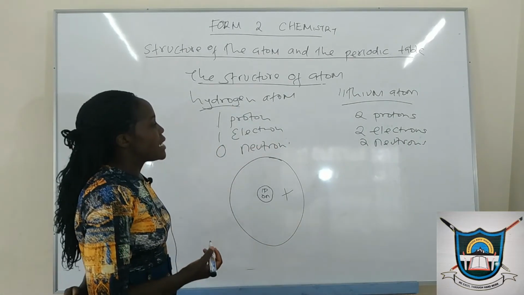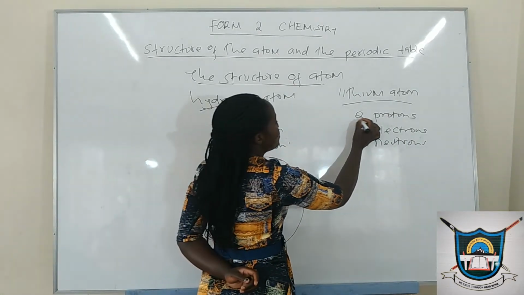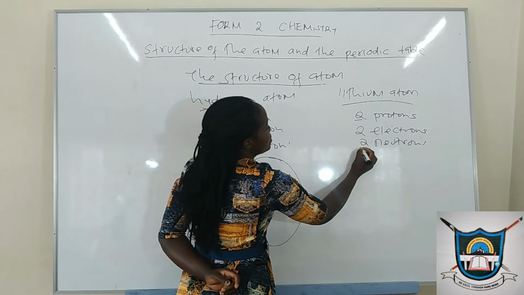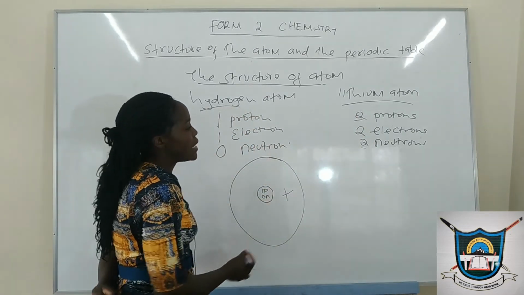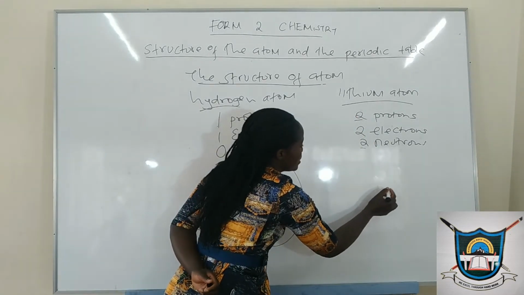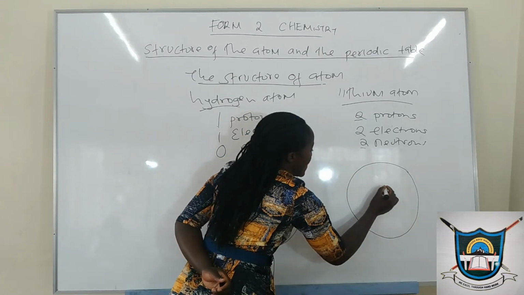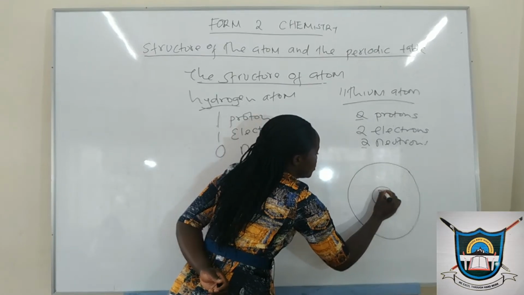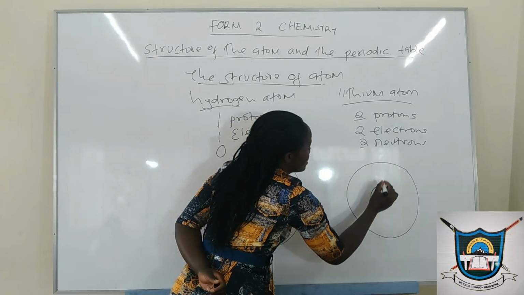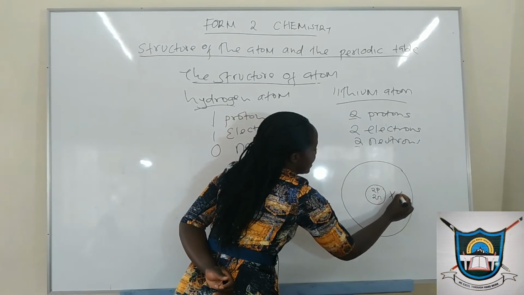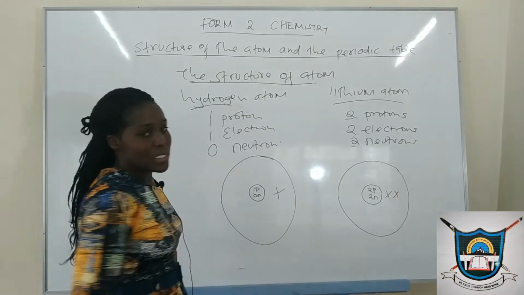So the nucleus will have 2 protons and 2 neutrons, and 2 electrons in the outermost energy level. So this is the structure of lithium.